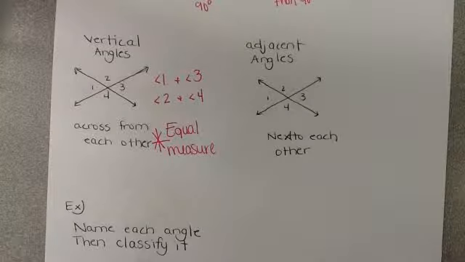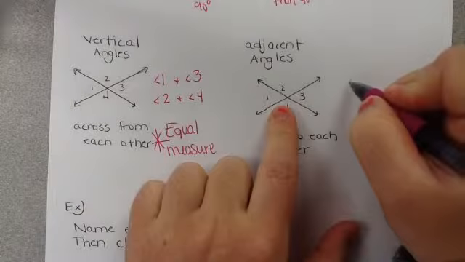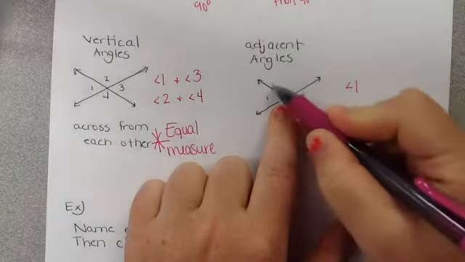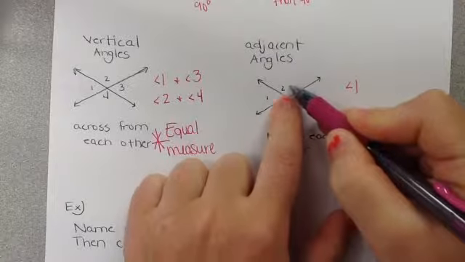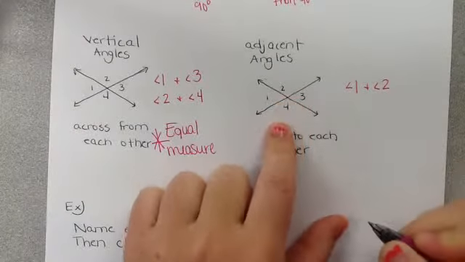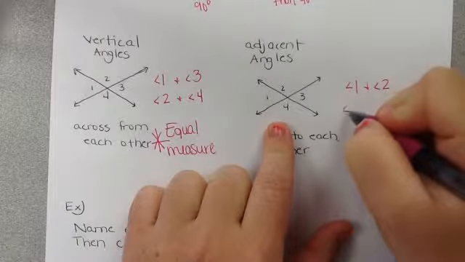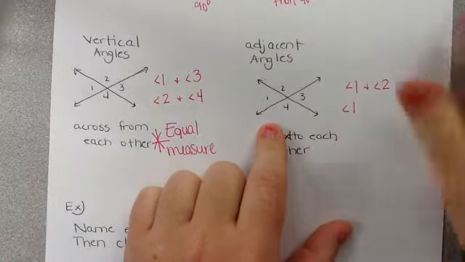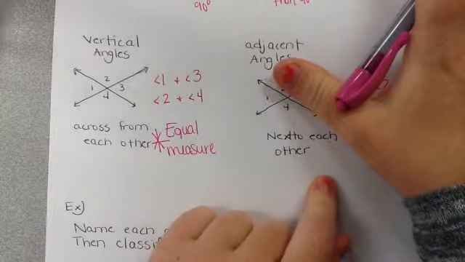Next we have adjacent angles. These are angles that are next to each other. They share a side. So angle 1 shares a side with angle 2. Angle 1 also shares a side with angle 4.